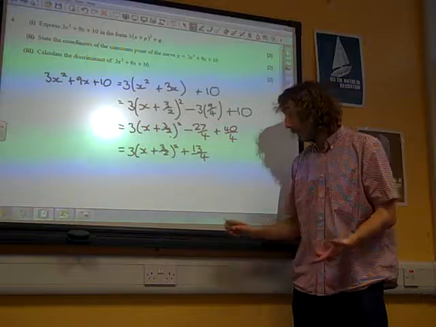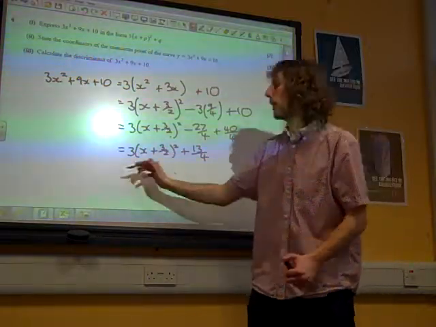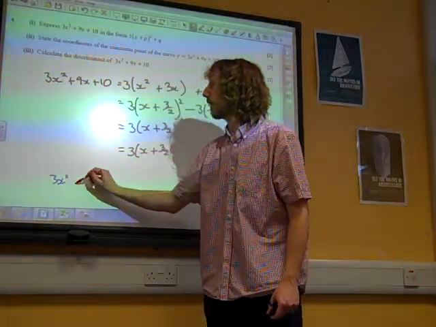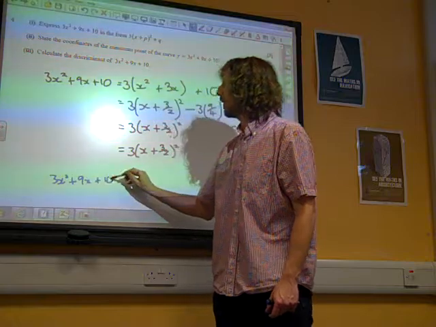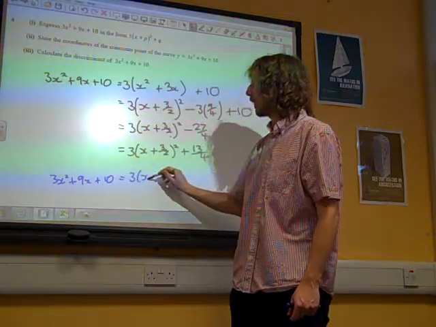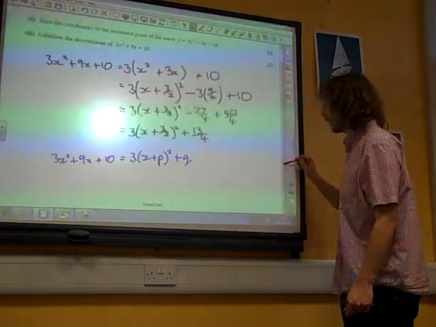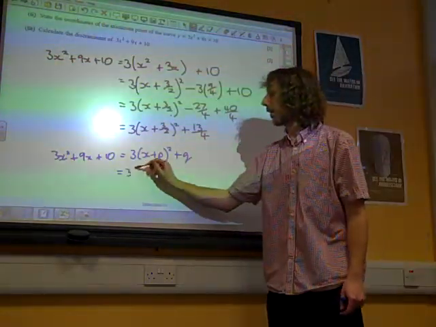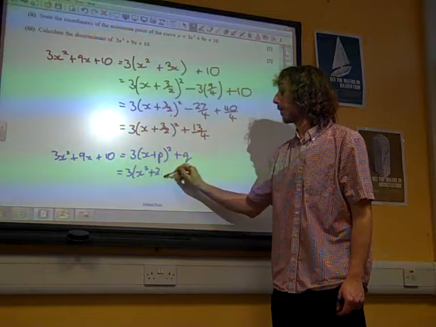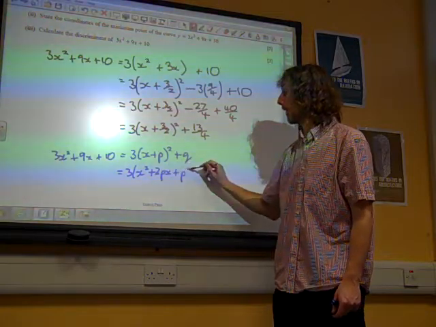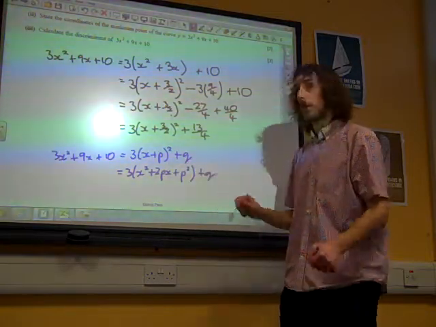The other way that I showed you to do this would be to say that we want 3x squared plus 9x plus 10 to be 3 lots of x plus p squared plus q. If we multiply this out, this is 3 lots of x squared plus 2px plus p squared plus q.